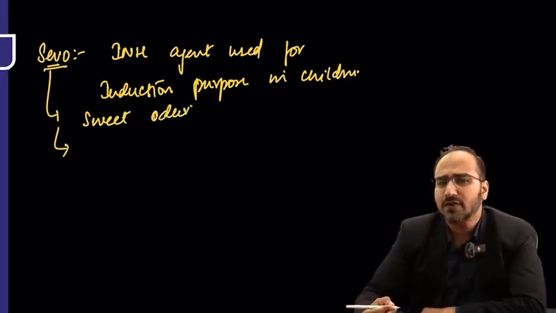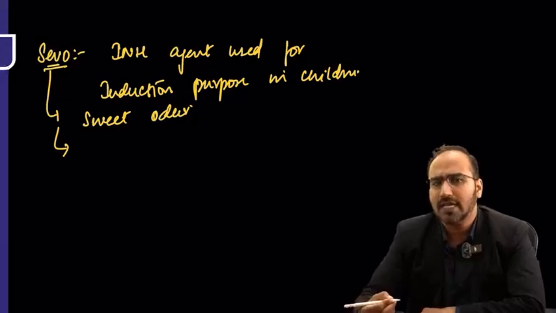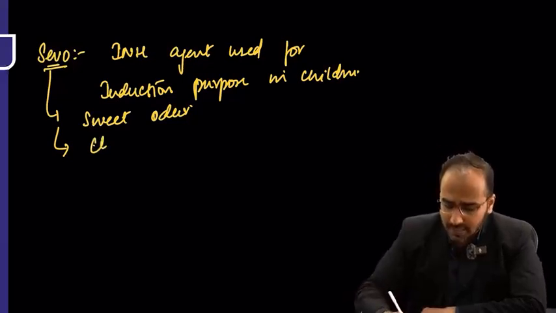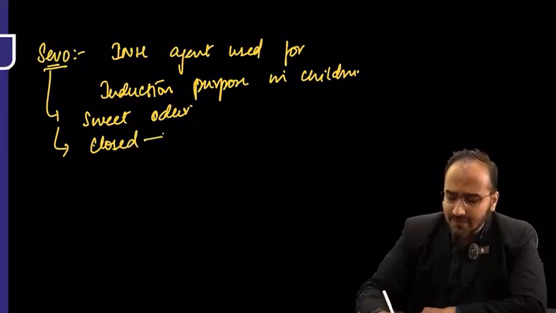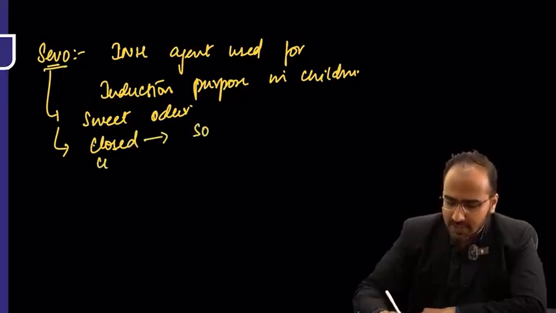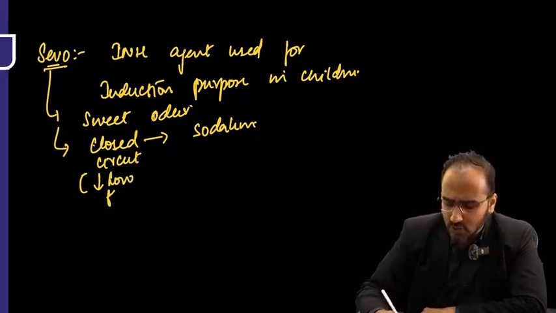But one side effect of sevoflurane is also seen. Whenever you are giving it in a closed circuit, it will react with soda lime. Whenever you are using a closed circuit, you will use low flow anesthesia, low flow of gases.